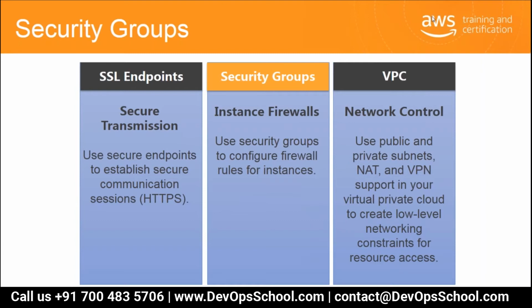And then lastly, the VPC. As we discussed, VPC encloses all your resources within a private cloud, and that provides a very robust security mechanism so that resources hosted on your cloud are not accessible from outside the cloud, outside your VPC.